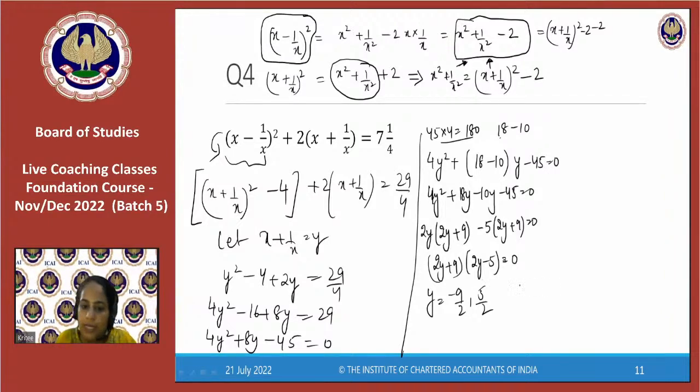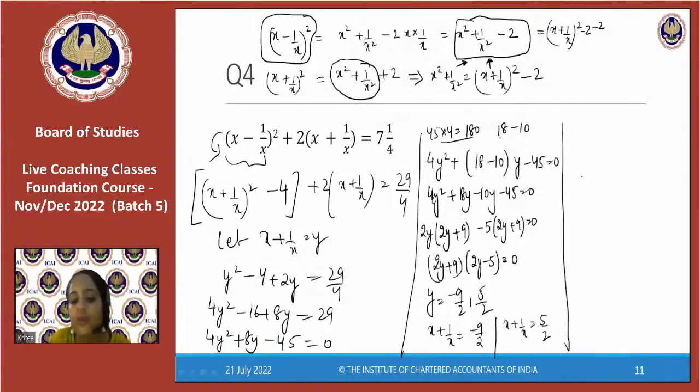Once I get the values of y, I can again replace them for x plus 1 by x. So x plus 1 by x is minus 9 by 2 for once, and x plus 1 by x is 5 by 2 for the other part. Take the LCMs, cross multiply, you will have two more quadratic equations.